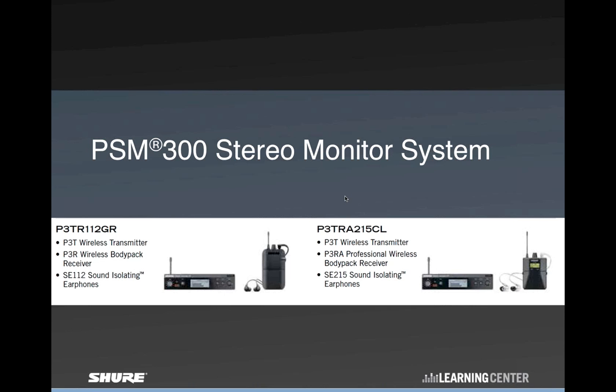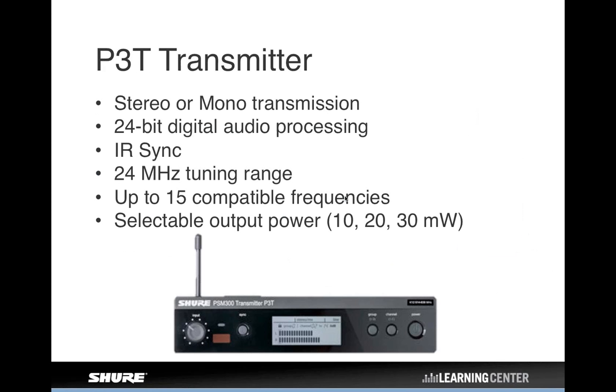But let's get into the wireless components here. And here you see the P3T, which is a half rack size rack mount transmitter. Again, stereo or mono transmission. It says it has 24-bit digital audio processing. This bears a little bit of explanation because it's not a digital wireless system.